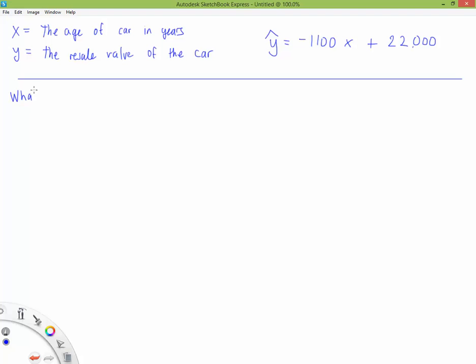so I will ask, what are we trying to predict? What do we use to make the prediction? What is the slope?